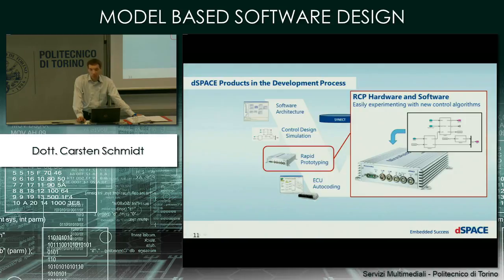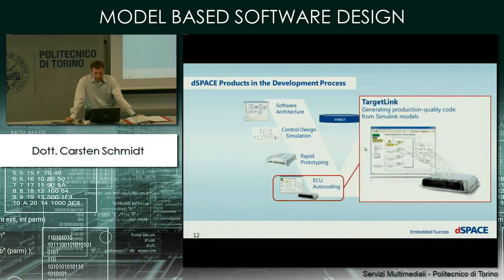And this rapid prototyping unit has certain I/O features, and then you can directly plug it into your car and do a prototypical test of your idea of a control algorithm and see whether it works. And if it works, then you can create a real ECU for it and make a serious production code or something.